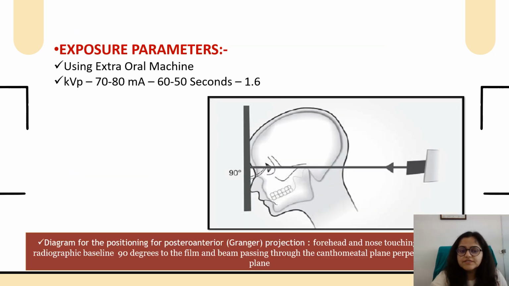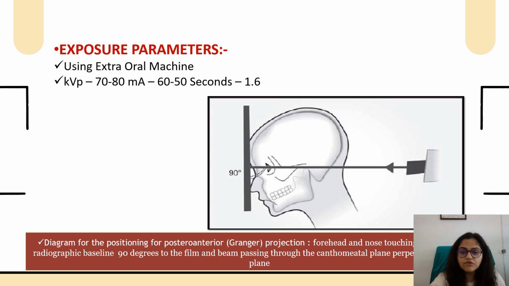Now in this slide you can see that the diagram is showing that the film is placed perpendicular to the floor and the patient position, the mid-sagittal plane, should be vertical and perpendicular to the plane of the cassette. The CM line, canthomeatal line, should be at 90 degrees to the film.